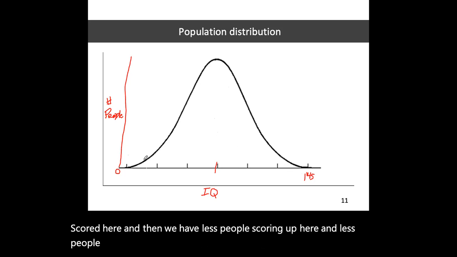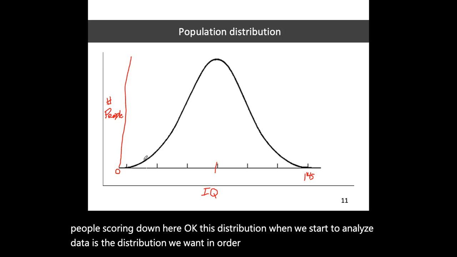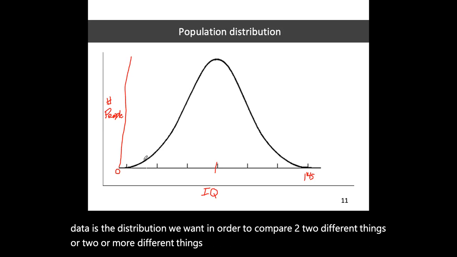down here. This distribution, when we start to analyze data, is the distribution we want in order to compare two or more different things. So let's look at the unique qualities of the normal distribution.